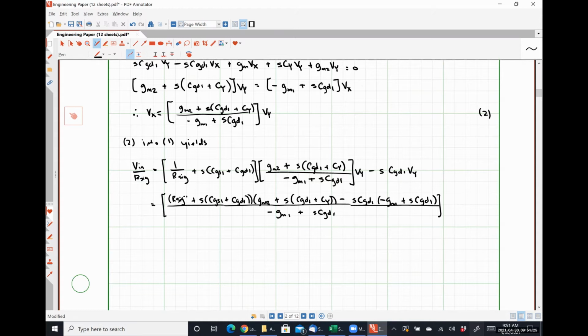Hopefully it's fairly obvious to see here that, for instance, S times CGD1 times S times CGD1 is going to give me S squared CGD1 squared. And over here, minus S CGD1 times S CGD1 is going to give me a minus S squared CGD1 squared. So a couple of things are going to cancel out.